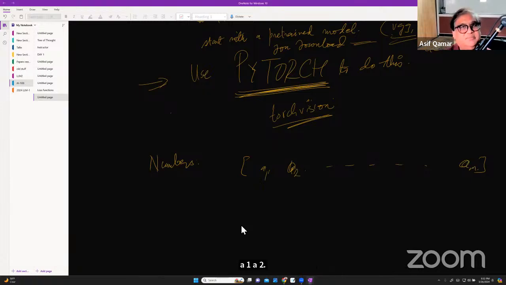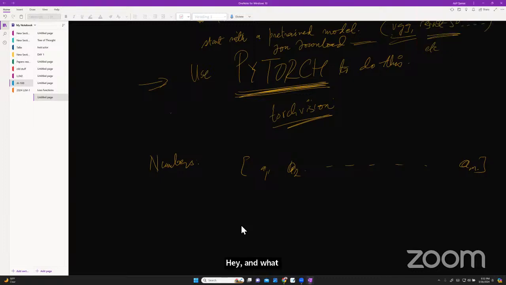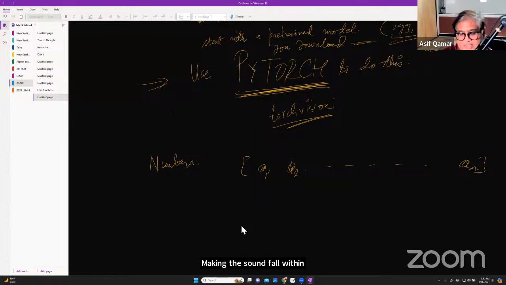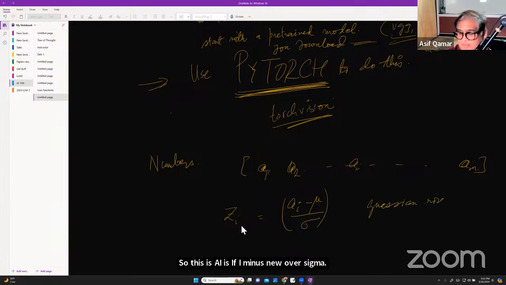What does normalization mean? Making the values fall within a range. There are many ways of doing it, but the basic normalization is Zi equals Ai minus mu over sigma. This is a Gaussian normalization. And why do you normalize?